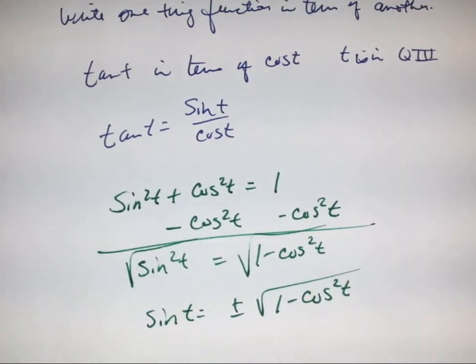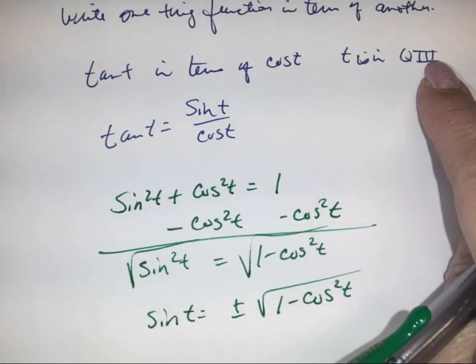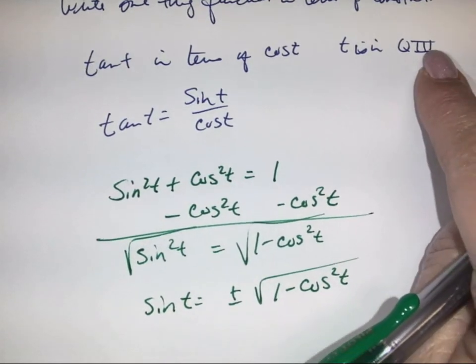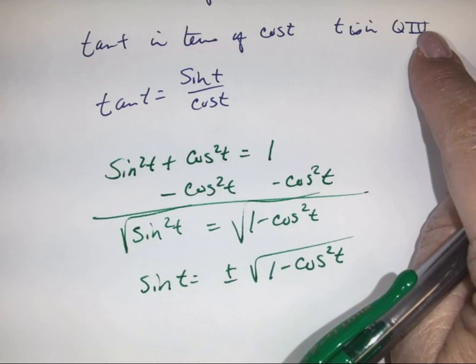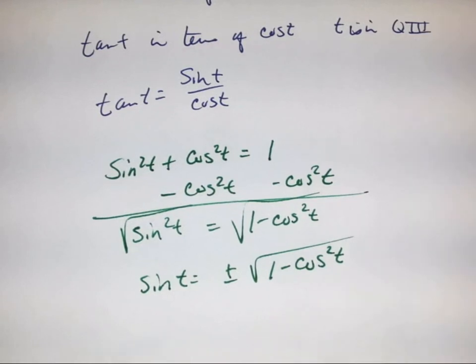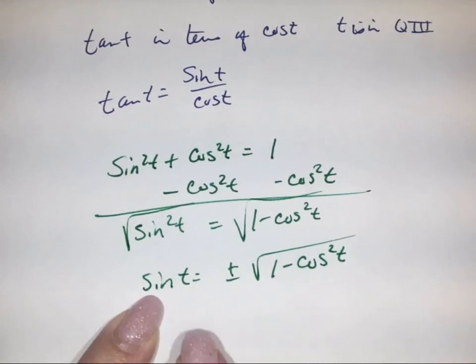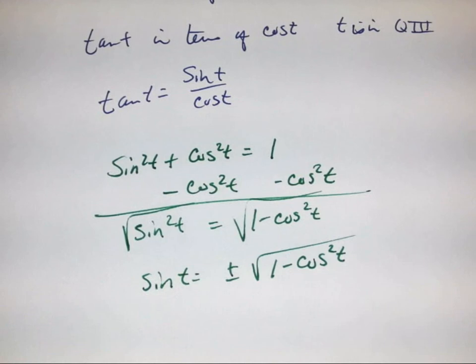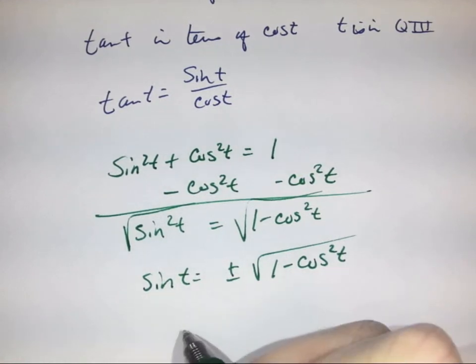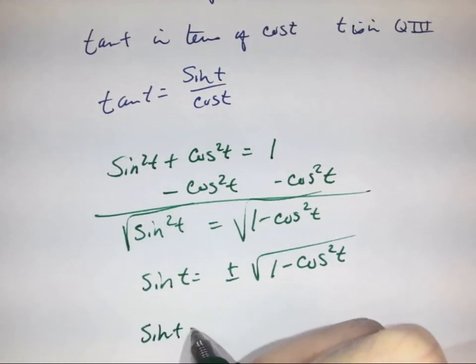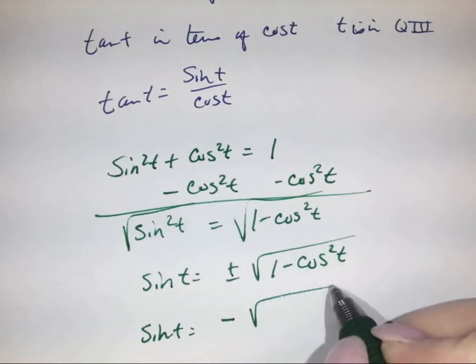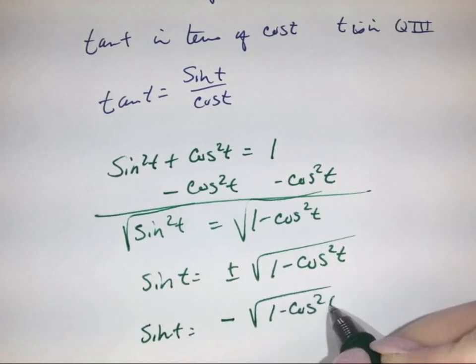Now, which one is it? Quadrant 3 tells us that both sine and cosine are negative, and because we're solving for sine in terms of our cosine, it will be equal to the negative of the square root of 1 minus cosine squared t.